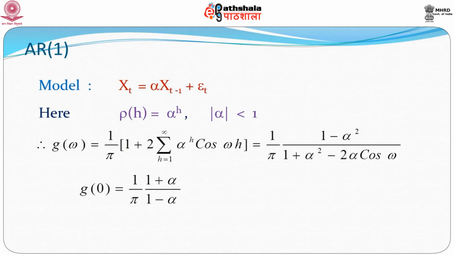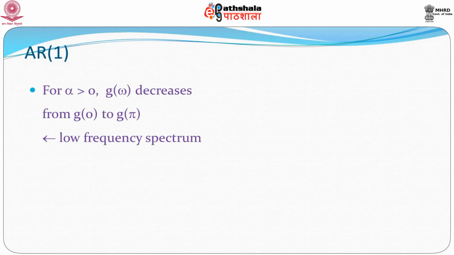Again, at the lower end, at omega equal to 0, we have the g(omega) value to be 1 by pi into (1 plus alpha) by (1 minus alpha), and at the upper end, that is at pi, g(pi) is 1 by pi into (1 minus alpha) by (1 plus alpha). Again, let us look at what this means.